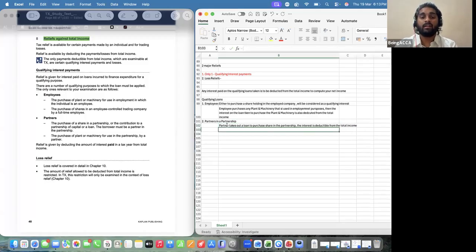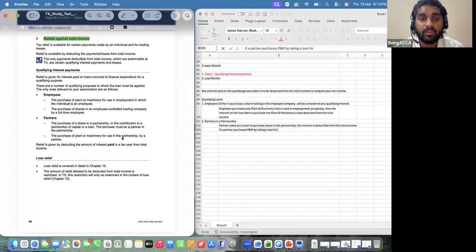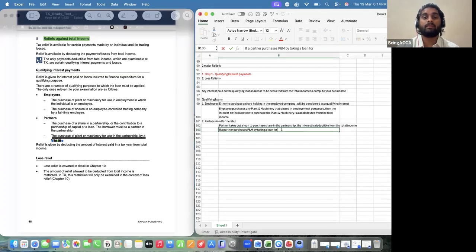Next, if a partner purchases plant and machinery by taking a loan, for use in the partnership, so for business purposes that is being used by the partner, whatever plant and machinery you buy by taking out a loan, that interest is also deductible from the total income.